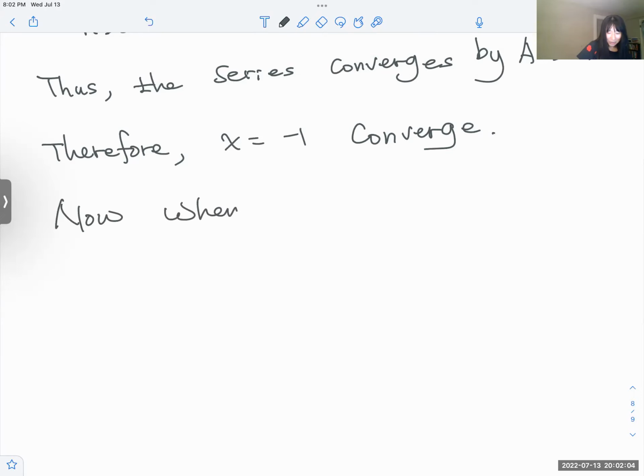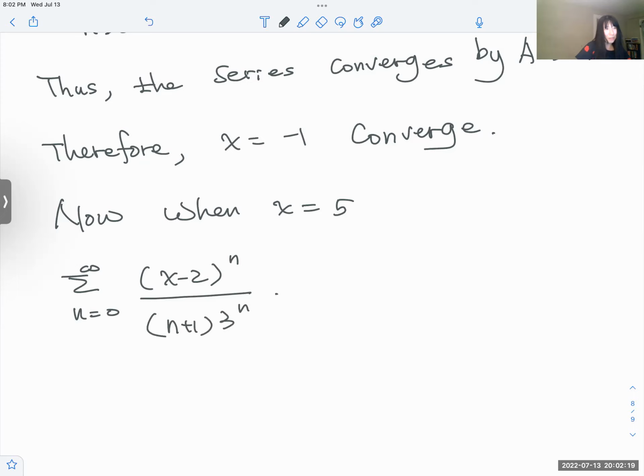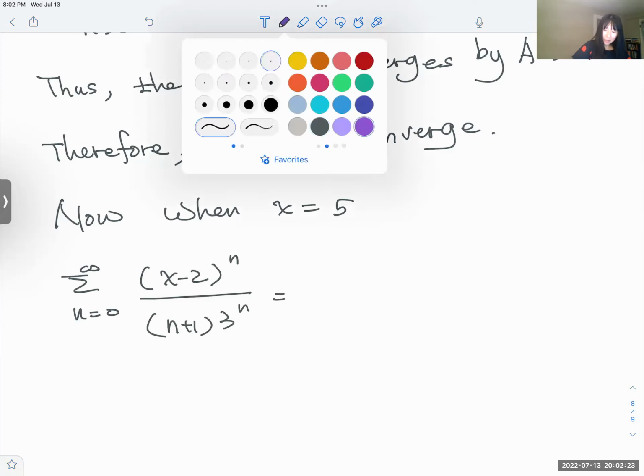Okay. All right. The other side, when x equals 5, okay, series, let me copy. And then (x minus 2) to the n power over (n plus 1) times 3 to the n power. All right, so we plug in there.